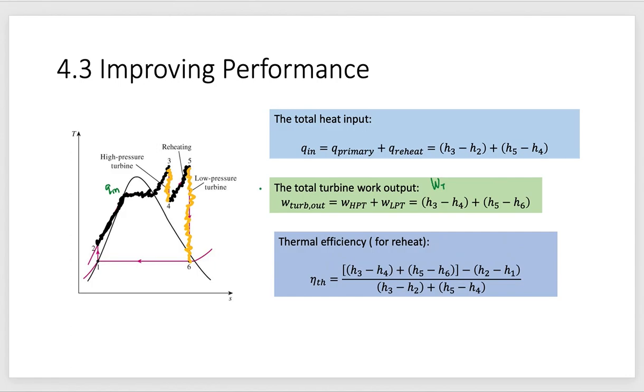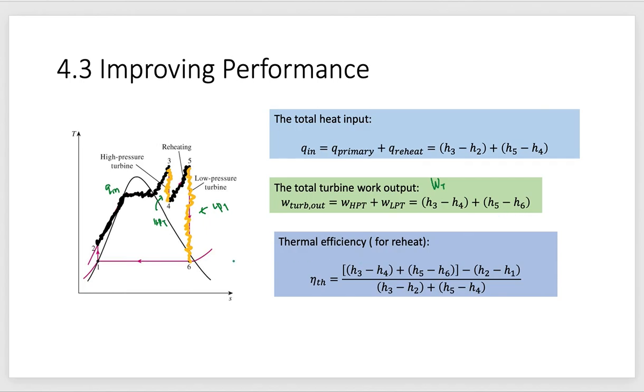Okay, next, since we have two turbines, HPT and LPT, it means we have two work outputs, one from the high pressure turbine and one from the low pressure turbine. So the work output for the high pressure turbine is represented by H3 minus H4, plus the work of the LPT, H5 minus H6.